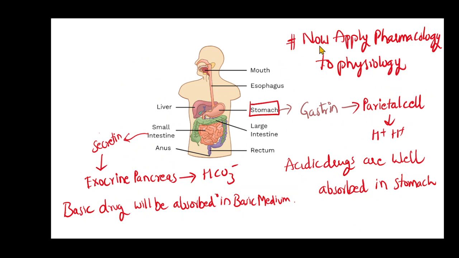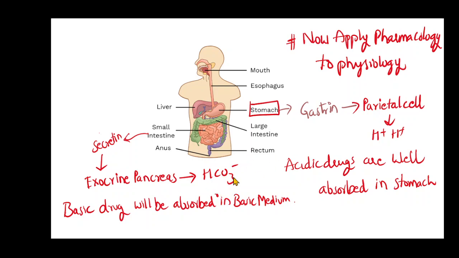Now let's learn about physiology, then we can apply it to pharmacology. The stomach releases gastrin that stimulates parietal cells that secrete H plus. This is the physiology. The small intestine secretes secretin, which acts on the exocrine pancreas and stimulates HCO3, bicarbonate.